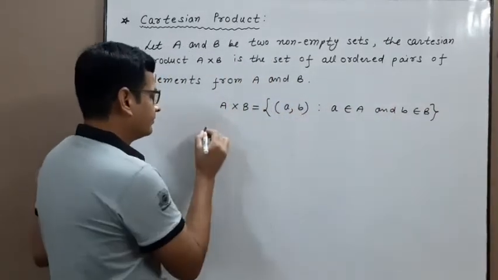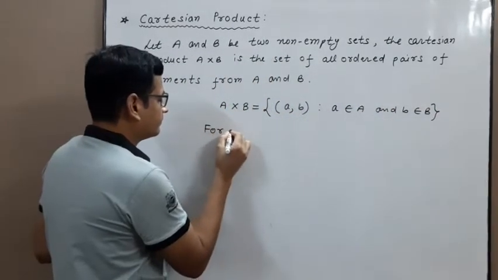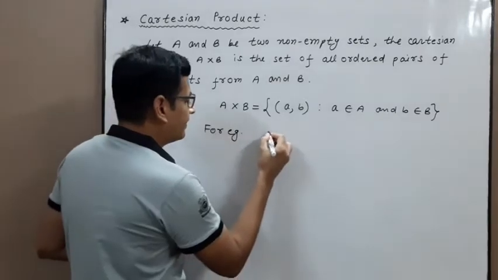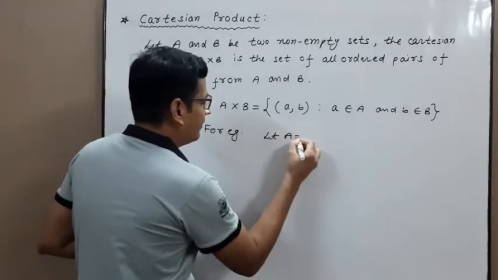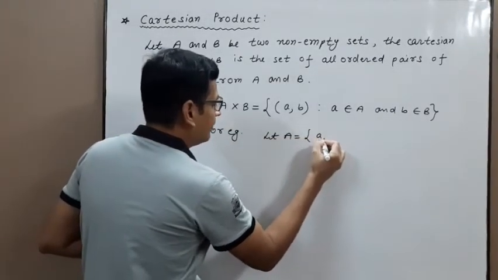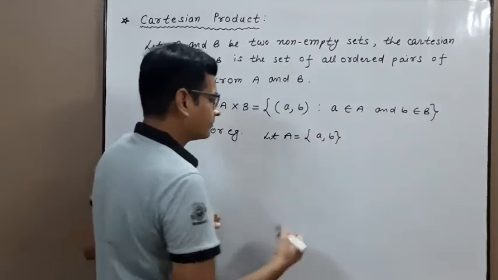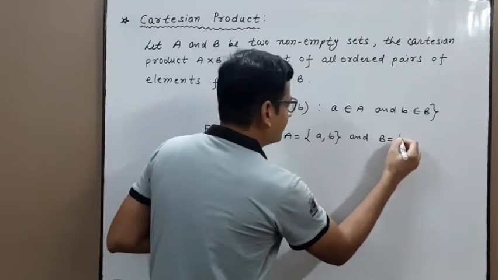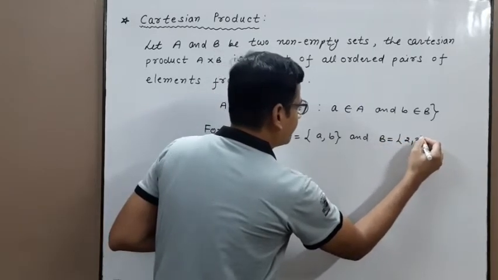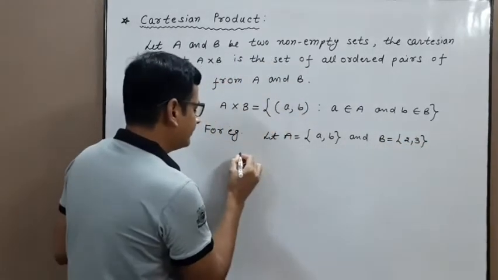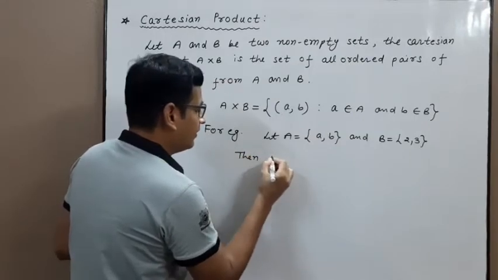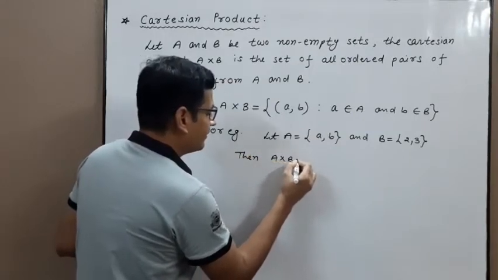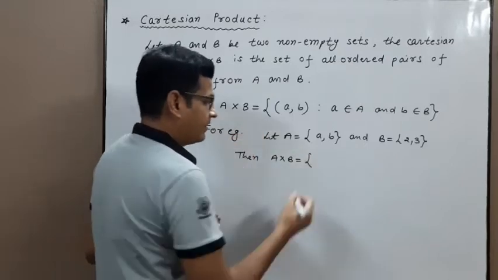For example, let A equal {a, b} and B equal {2, 3}. Then A cross B is a set of ordered pairs.